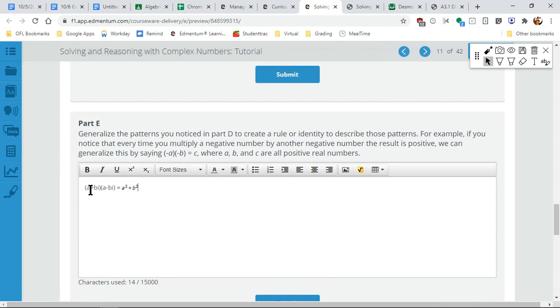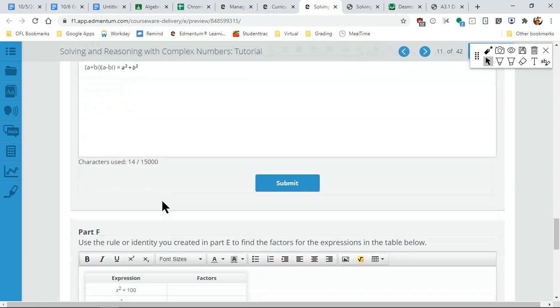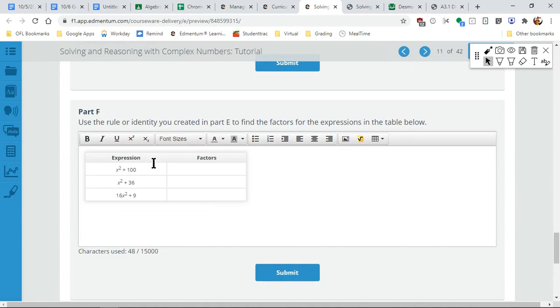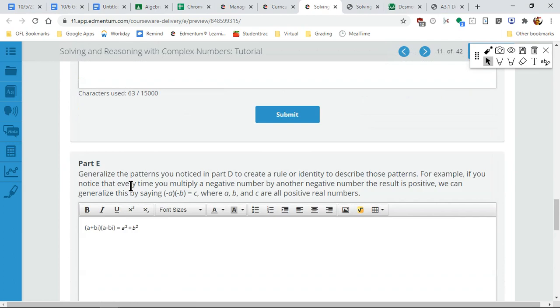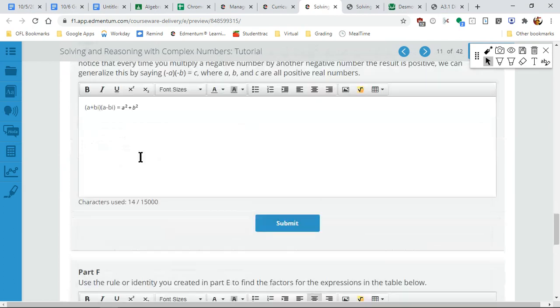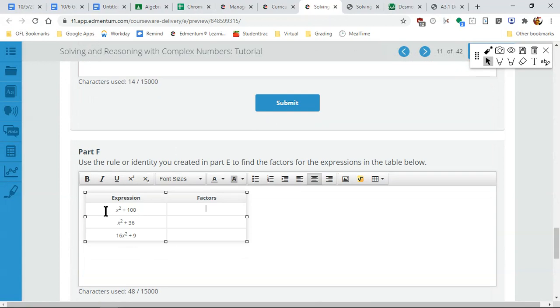So that's our rule here. If we're doing the conjugate, what ends up happening is we get this sum of squares. Okay, so now we have a sum of squares here. According to this rule, which is a known rule in the math world, I have to take the square root of this.